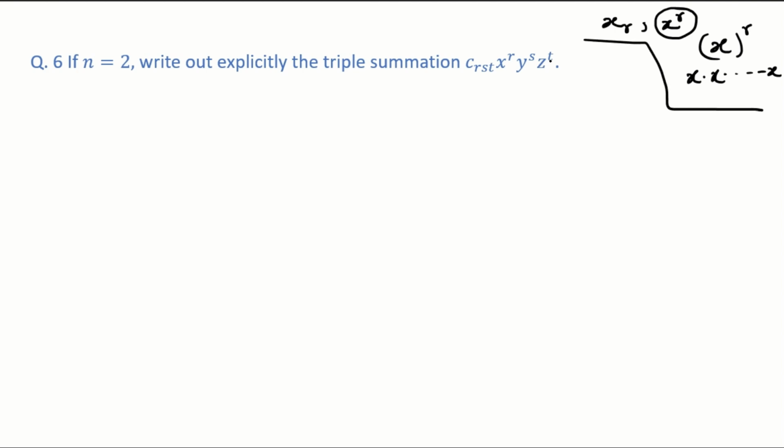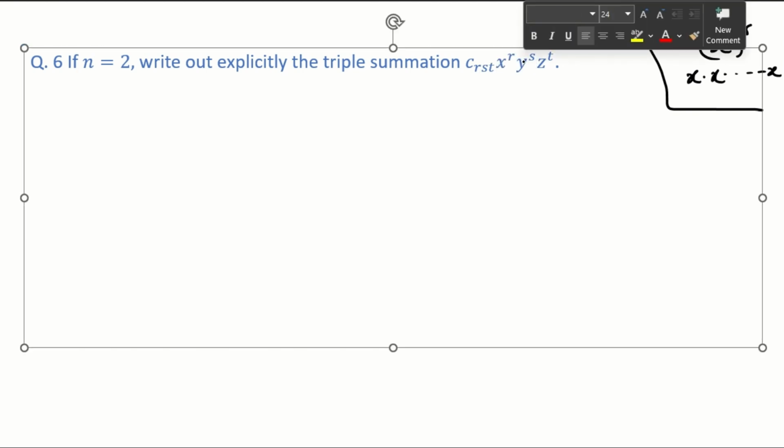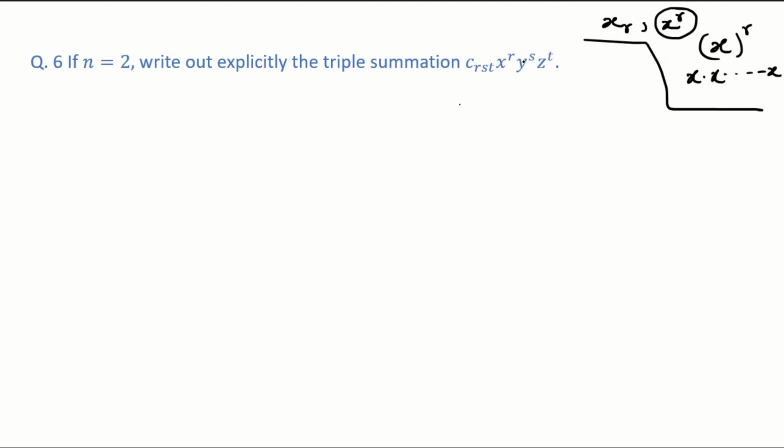Otherwise you have to take it as a superscript. So here x^r, y^s, z^t are basically components of variables. All three indices r, s, t are repeated twice. The index which is repeated twice is called a dummy index, so all three are dummy indices.